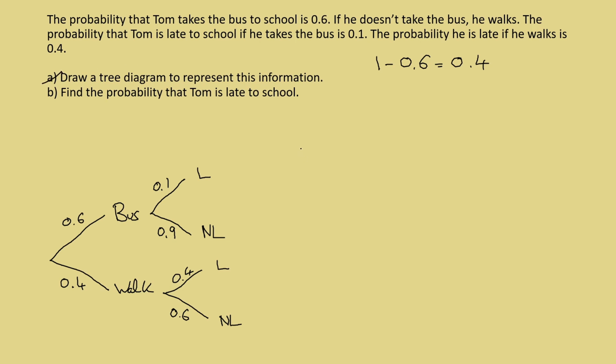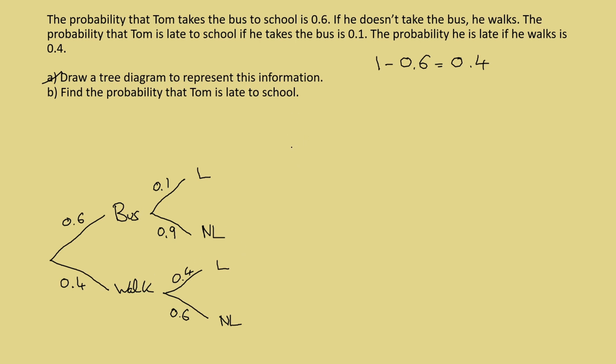Perfect. And then part B says, find the probability that Tom is late to school. Okay, so let's look at the tree diagram for this. The probability that Tom is late to school. So as you can see, Tom can be late twice, okay? He can either be late when he takes the bus, or he can be late when he walks.